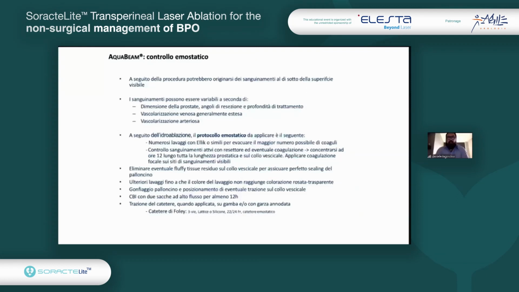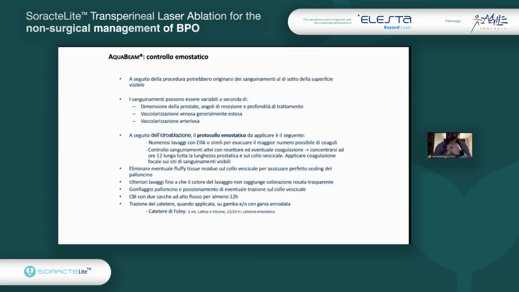So, about hemostasis, in the literature only 2 techniques are considered for hemostasis after Aquabeam, in particular bipolar energy and laser energy. In the literature, it is principally bipolar energy that is considered for hemostasis after Aquabeam treatment.